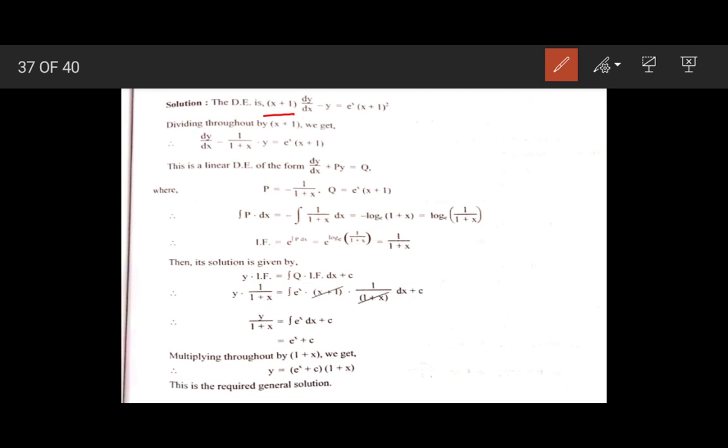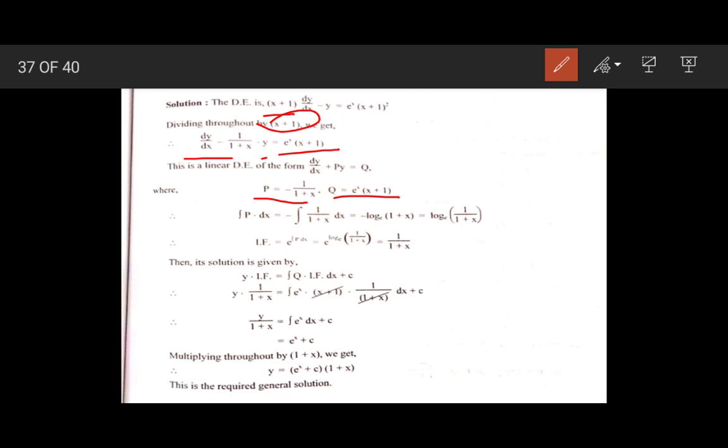So we get dy upon dx minus 1 upon 1 plus x into y is equal to e raised to x into (x plus 1), after dividing both sides by x plus 1. Now we get p as minus 1 upon 1 plus x and q as e raised to x into (x plus 1).